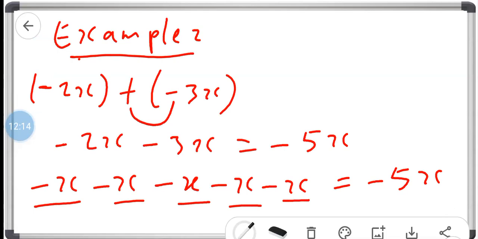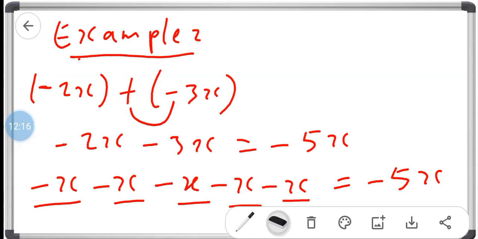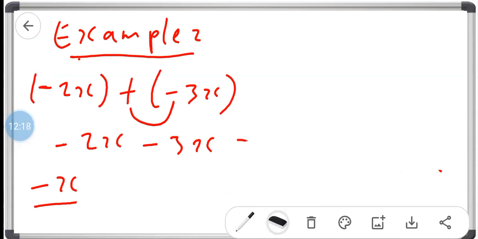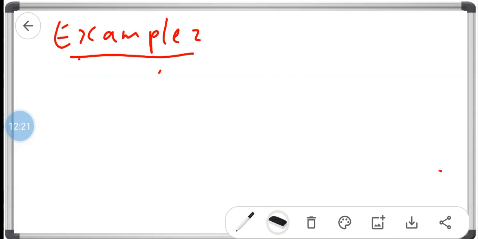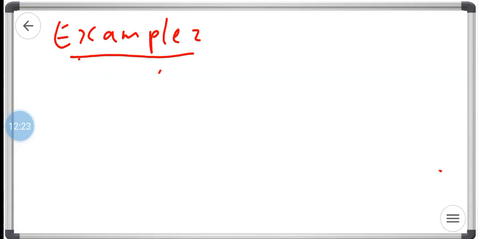Let's consider another example. Another question: minus 2x minus 6x minus 8x. Just the way we did the last one: minus 2x means minus x in two places, minus 6x means minus x in 6 places, and minus 8x means minus x in 8 places.